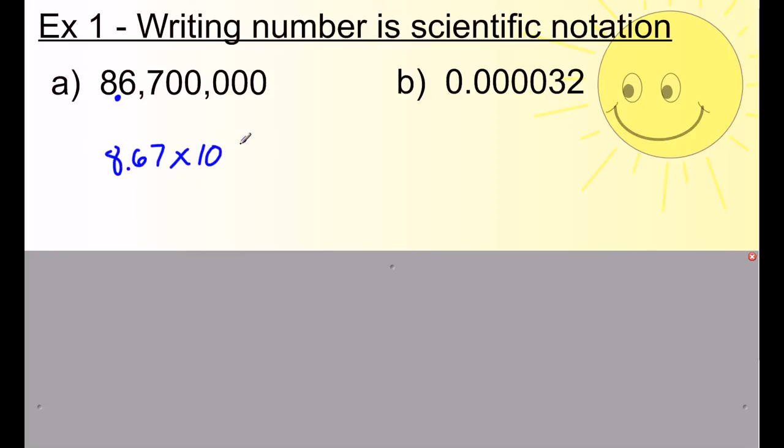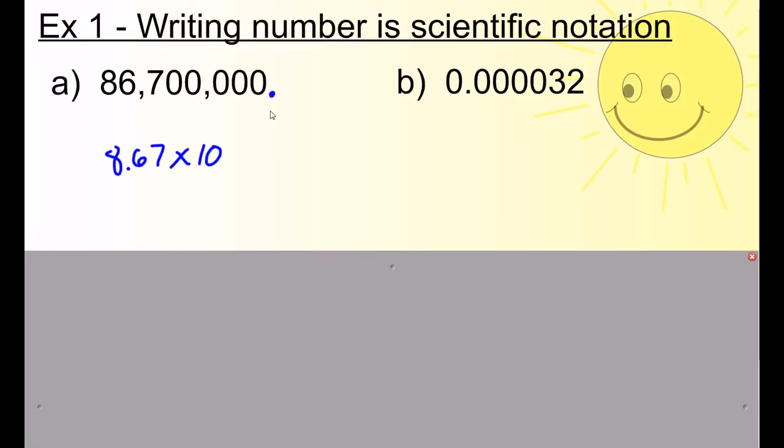Now, the exponent, the number that goes up here. A mistake a lot of people make is they count the number of zeros. So they'd go 1, 2, 3, 4, 5, and then throw a little 5 up there. But that's not how it works. The exponent up top here is how many places you would move the decimal from where it actually starts, which is back here, to where you want it.